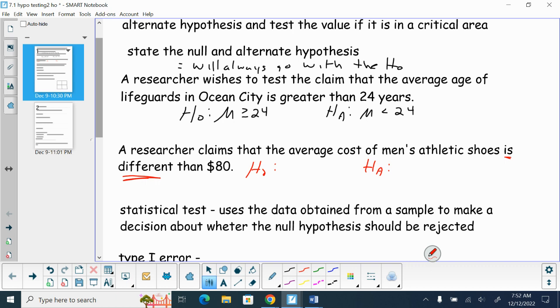Well, equality will always go with the null hypothesis. That's going to throw the equality there, which means my alternate hypothesis is not equal to the $80.